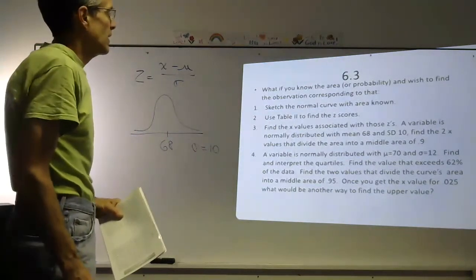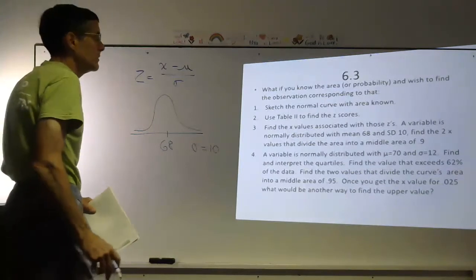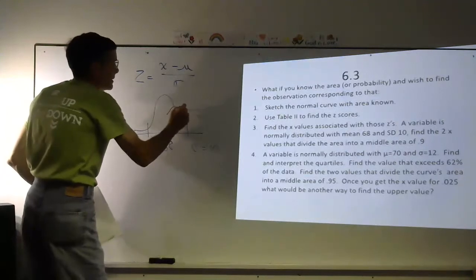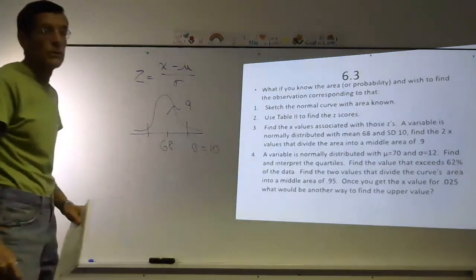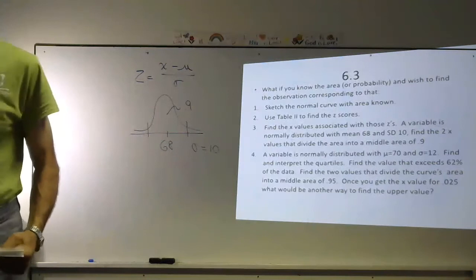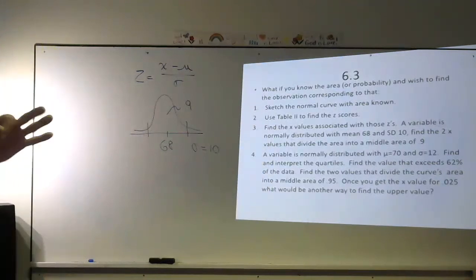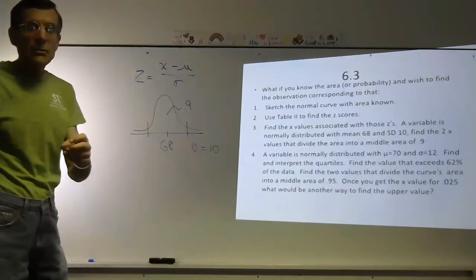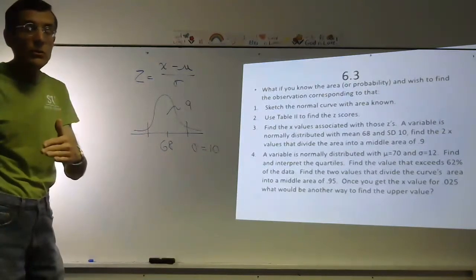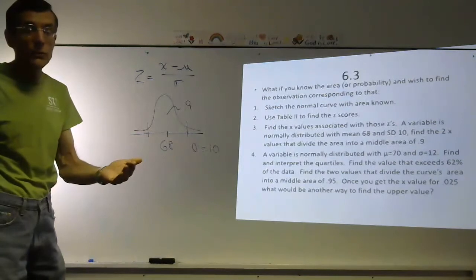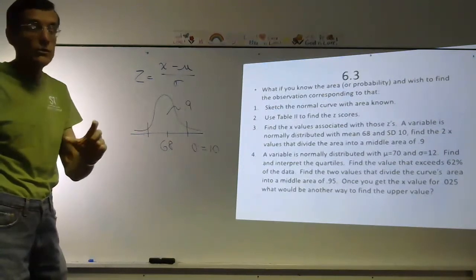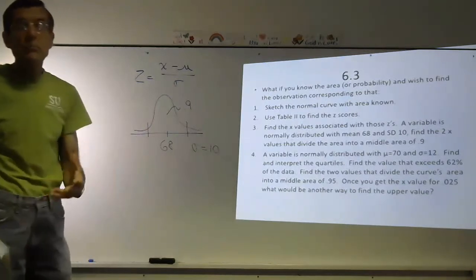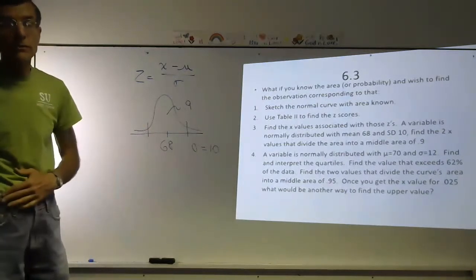Find the two x values that divide the area into a middle area of 0.9, or 90%, okay? Before you even work out the problem, 90% is between 68.26 and 95.44, which is between 1 and 2 standard deviations. So I know my answer should end up being between 1 and 2 someplace, okay?